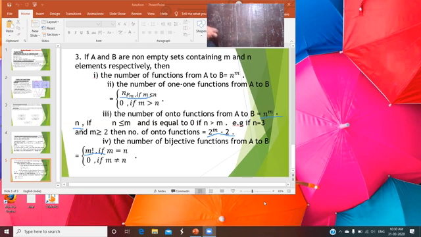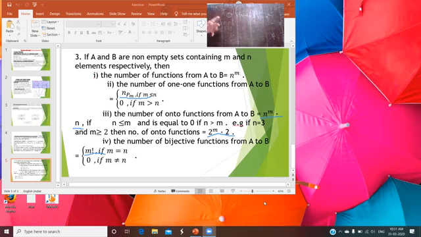Now, here we have to take some examples. Suppose we take a function f from N to N, natural numbers to natural numbers, defined by f(x) = x square.